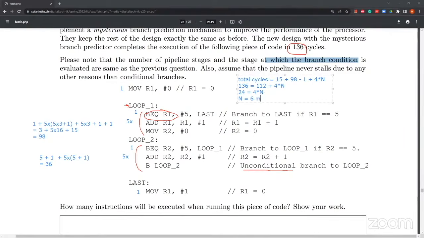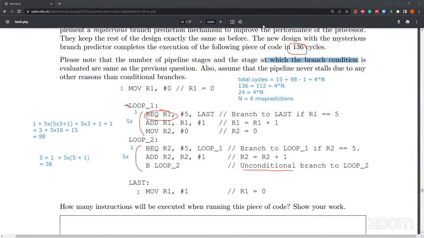Okay, so it's 6 mispredictions. So whatever this mysterious branch predictor is, it should result in exactly 6 mispredictions in order to achieve 136 cycles of execution time for this given program. Okay, 6 mispredictions. This is what we need to keep in mind for the rest of the question.